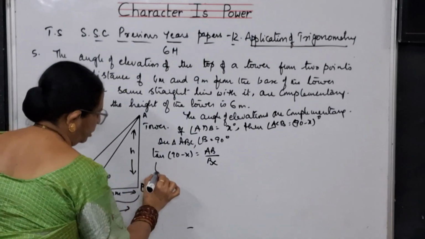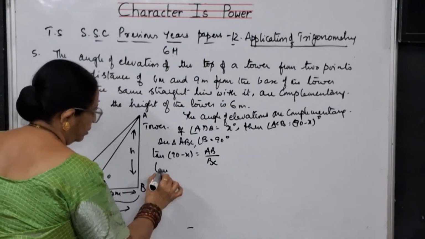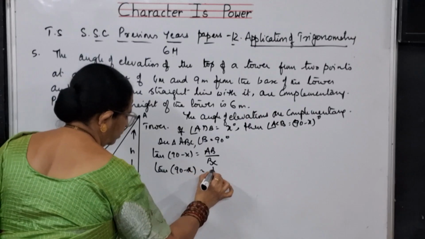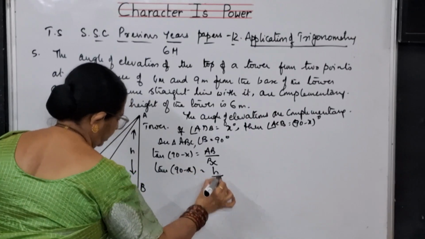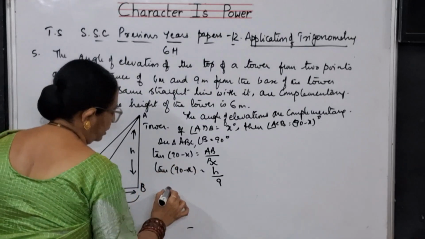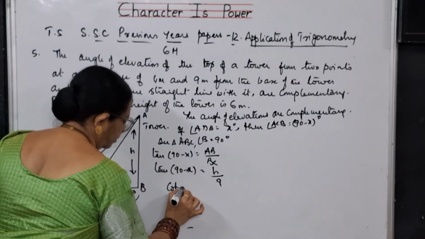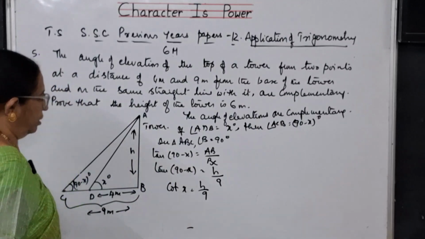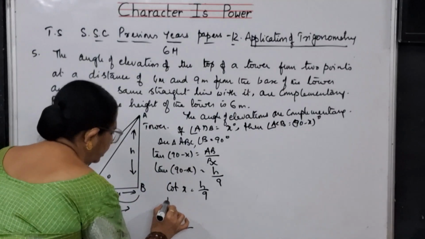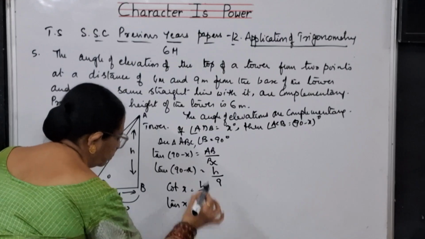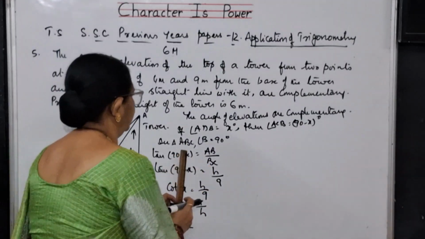So tan 90 minus x is equal to h by 9 because BC is 9. Tan 90 minus x is cot x. Cot x is equal to h by 9. If cot x is h by 9, what is tan x? 9 by h. Leave it like this.